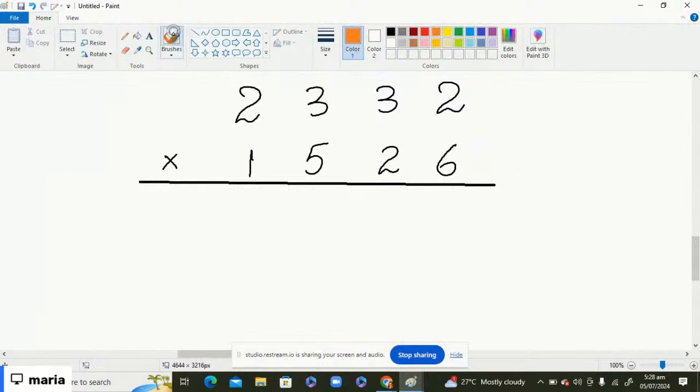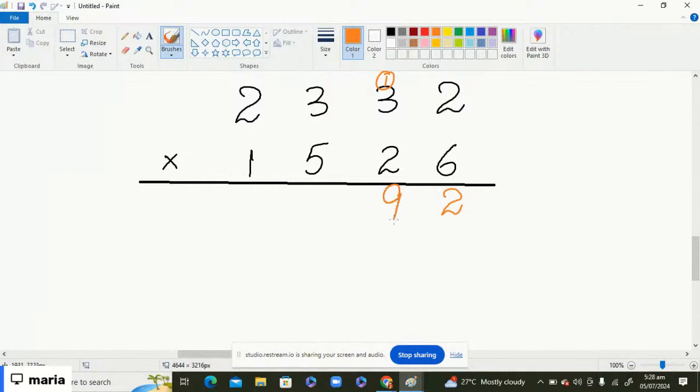First of all, we are going to multiply 6 with all of that number. 6 times 2 is 12. You put 2 here, 1 goes up. 6 times 3 is 18. 18 plus 1 is 19.